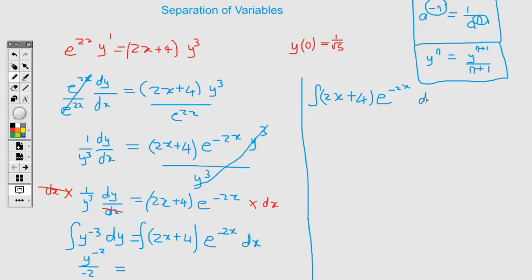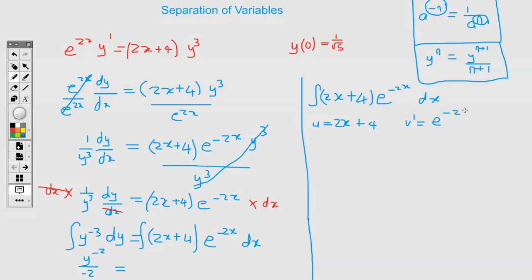Now what I'm going to do here, I usually say to my students, the easier one, the one that we can differentiate to get a constant, to be u. So in my case, my u will be the 2x plus 4, because I know when it differentiates, I'm able to get a constant. So it means my v prime, where some persons write dv, will be e to the minus 2x.